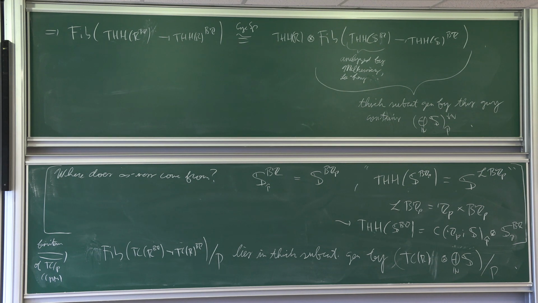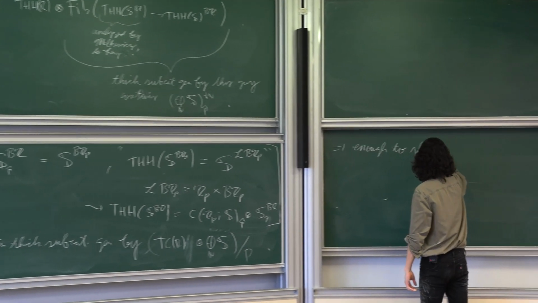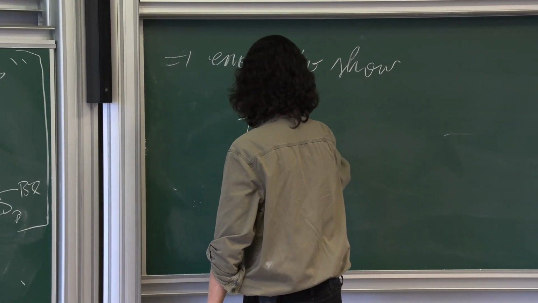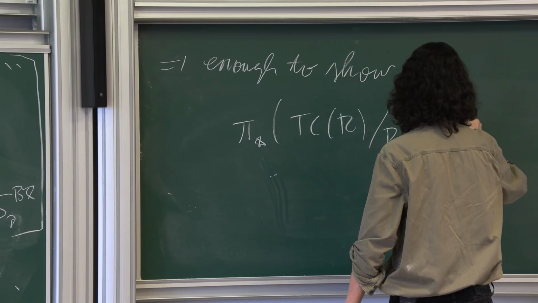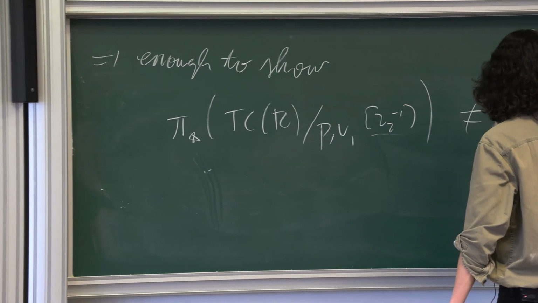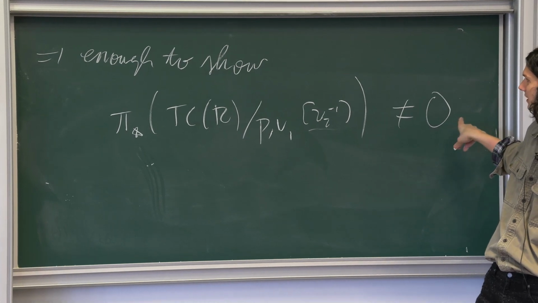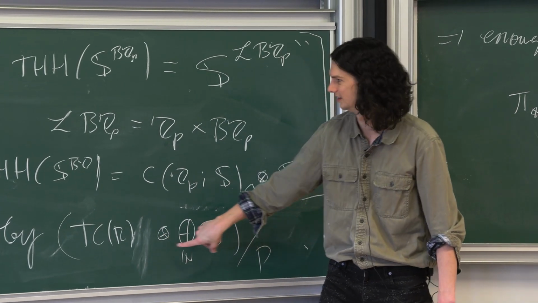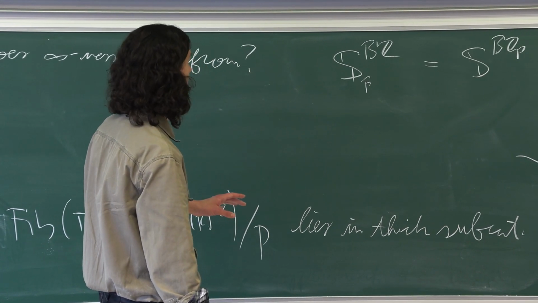So to conclude, it's enough to show that you have at least one non-zero homotopy group for TC of R mod (p, v1), v2 inverted. Because if you have at least one non-zero homotopy group here, then you'll have infinite dimensional homotopy here, and therefore for anything in the thick subcategory, oh, sorry, it's backwards.